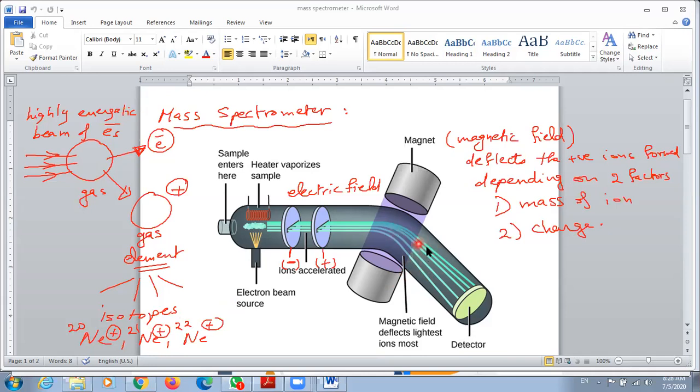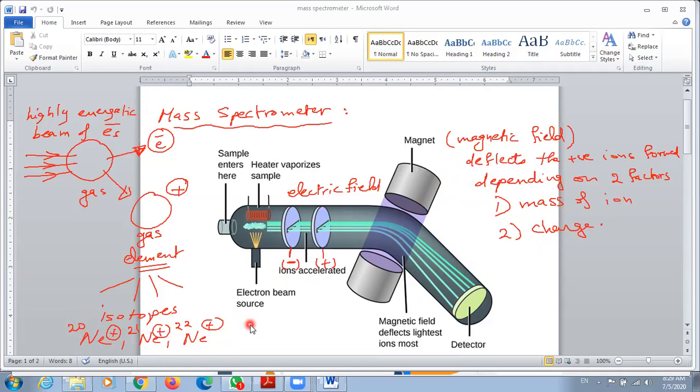If we have 5 isotopes, then they are going to be separated into 5 different lines, depending on the magnetic field that they are subjected to. Their separation depends on the difference in mass of each ion from the other. Of course, neon 20 has a lower mass than neon 21, which has a lower mass than 22.